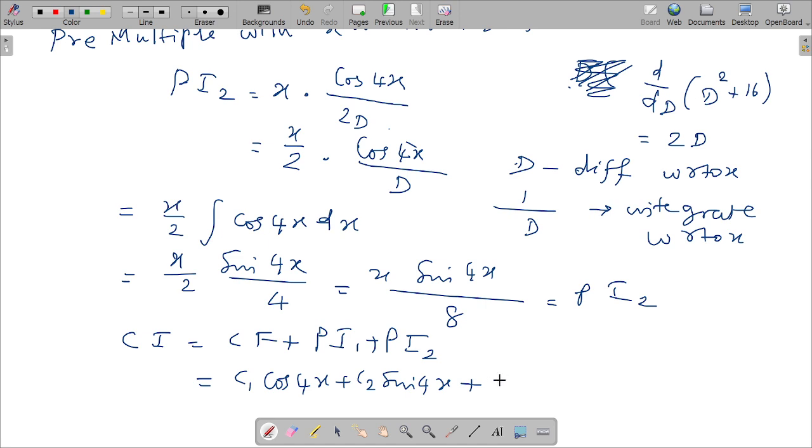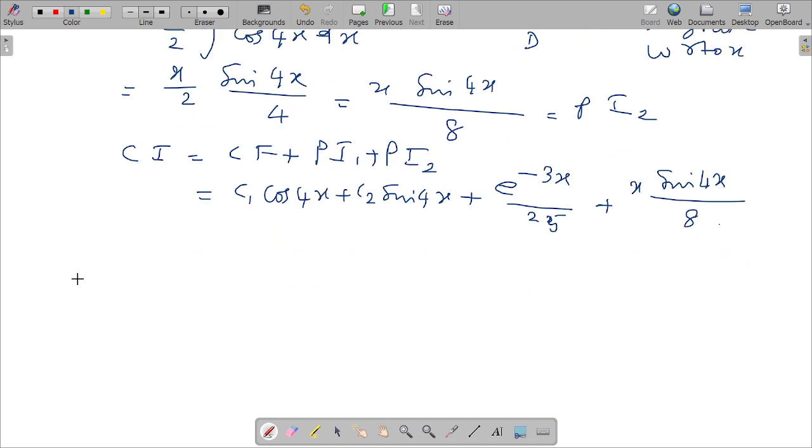Anybody note it down? e power minus 3x by 25. Plus particular integral 2 here I have written, that means plus x sin 4x by 8. It is the complete solution.